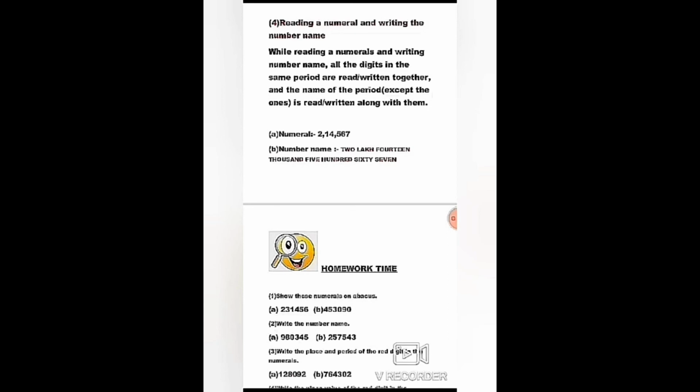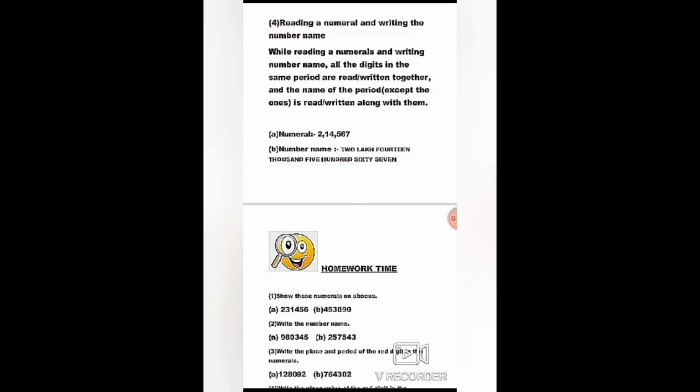So you see here the numeral is 2,14,567. 2 is on the lakhs place, so you are writing 2 lakh, and 14: 1 is on the 10,000s place and 4 is on the thousands place.